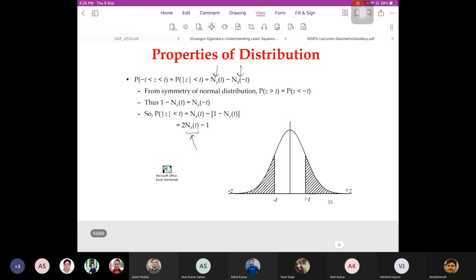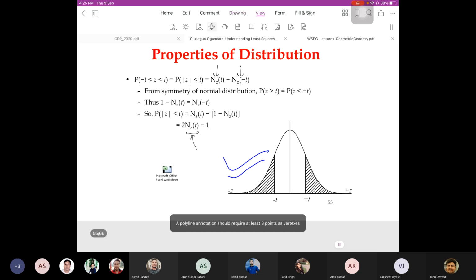These values you can take from the tables, or you can also rewrite it as 2 Phi(t), considering the so-called symmetry of the distribution. You can write 2 Phi(t) minus 1. Okay. Just see this slide if you have any issue.